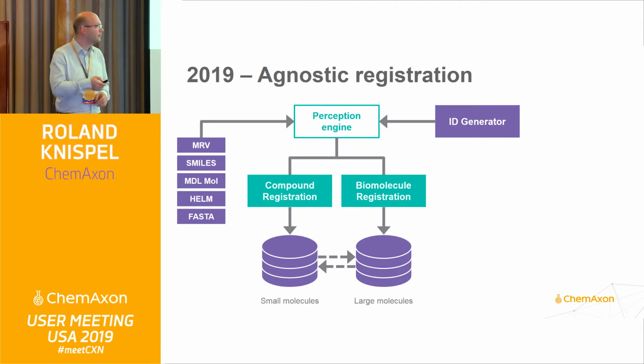Above the individual bespoke registration pieces we have established so far, you have something I call a perception engine, essentially something that looks into your submission and tries to identify: are you sending me a peptide, a sequence, or a pure chemical structure, irrespective of which format that submission arrives in. In that sense, it truly looks at the context rather than the file format you're submitting into the registration endpoint.